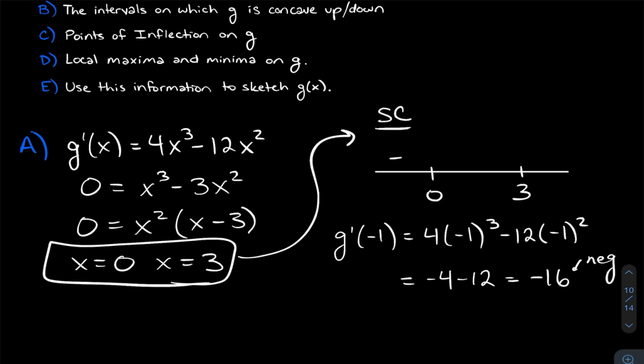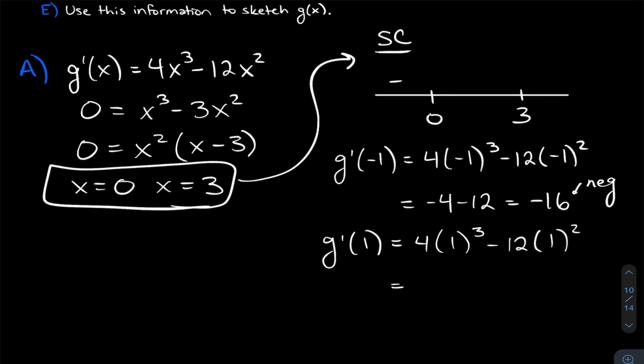Then we can do g prime of 1. That's the test point we'll use for this space. And that's going to be 4 times 1 cubed minus 12 times 1 squared. That's 4 minus 12, and again, we get something that's negative. So we put another minus sign there. Now notice you would expect there to be a plus sign here.